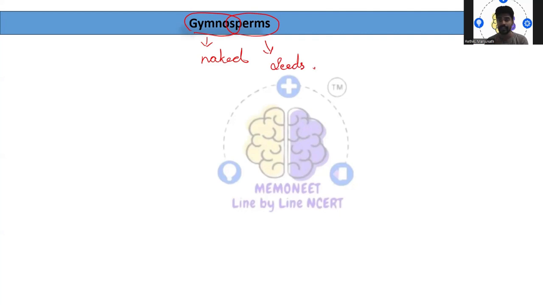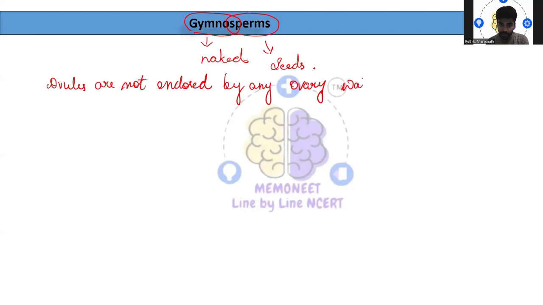That means the plants in which the ovules are not enclosed by any ovary wall, and they normally remain exposed both before and after fertilization.